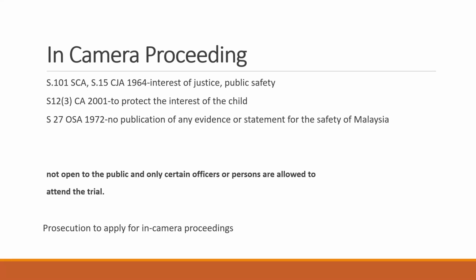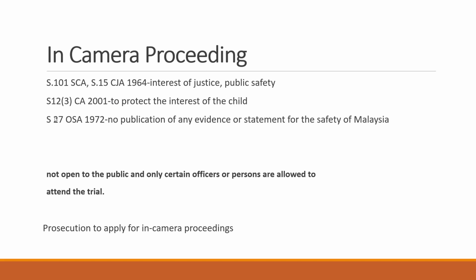You see PP against A. You see PP against K. The A, B, C, D until K, whatever abbreviation they want to use, is to protect the child. Okay, you get me? So the proceeding itself is also private and confidential. Okay, and this is under your section 2, subrule 3 of the Child Act 2001. All this you need to memorize.